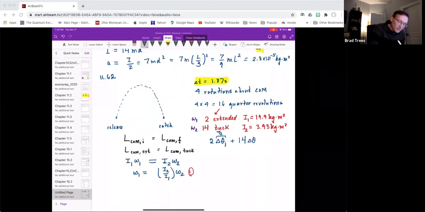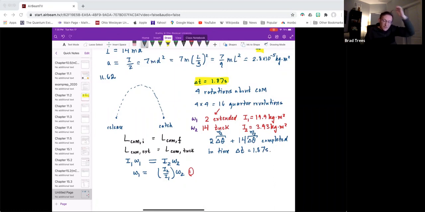I'll just call this delta theta. That's the amount of angular displacement I want, and I want that completed in a total time, delta t, of 1.87 seconds.